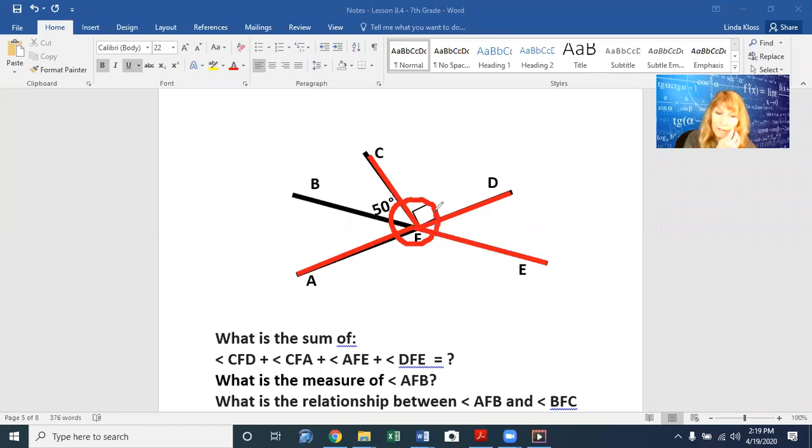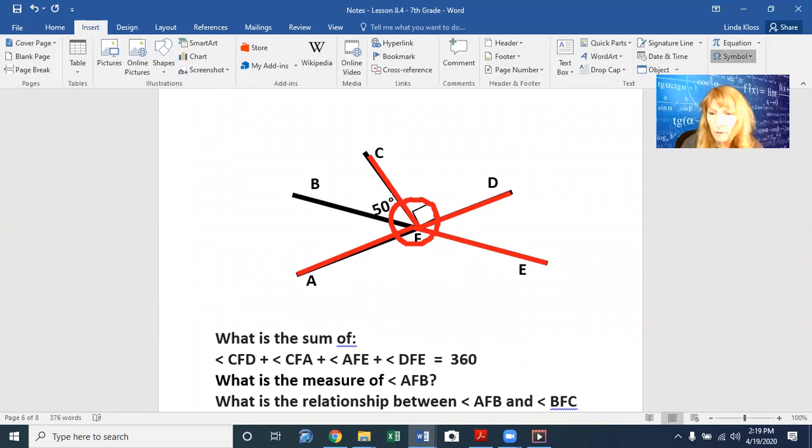Okay, what is the sum of those four angles? I bet you can tell, right? Exactly, it is a circle. All these angles together make a circle. And what did we say that a circle's degrees measure? 360. So we'll replace our question mark with 360, and the little degree symbol is somewhere off here.